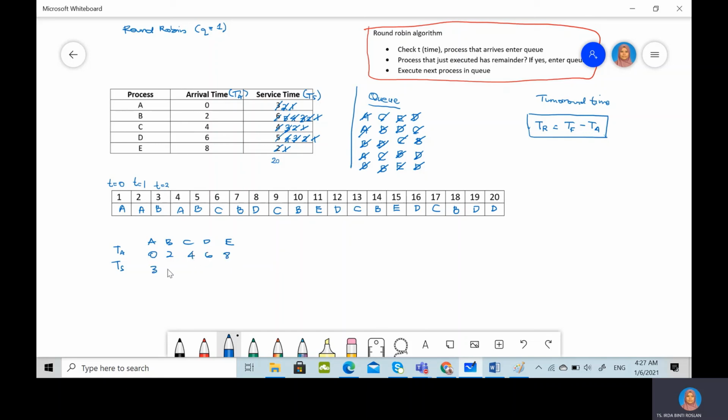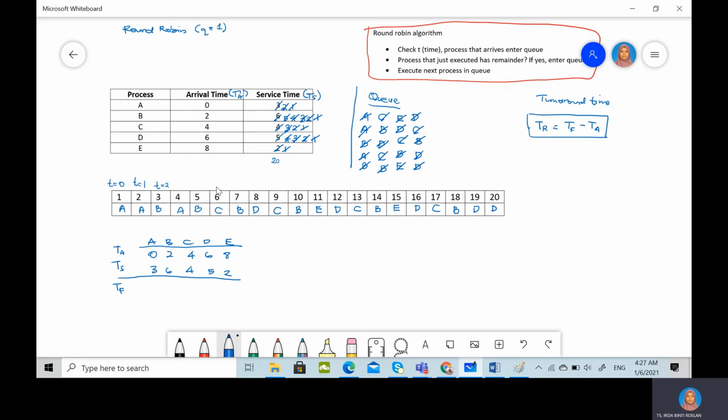Service time: 3, 6, 4, 5, 2. So basically, we already get the finish time by doing this timeline.